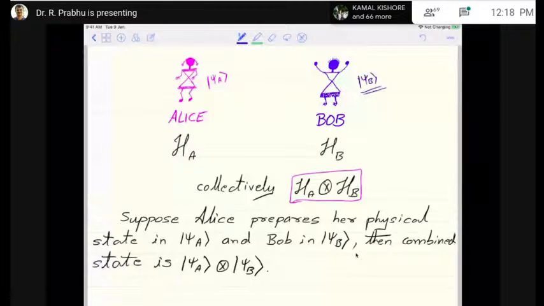So now Alice prepares her state in psi A, and the combined system is given by psi A tensor psi B.